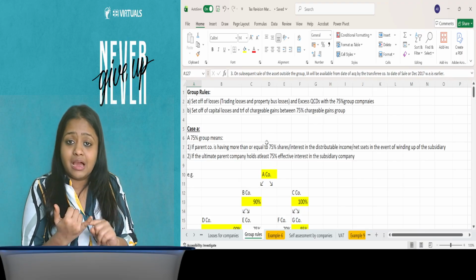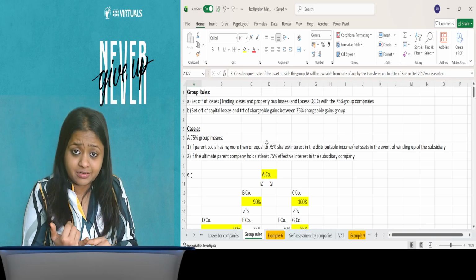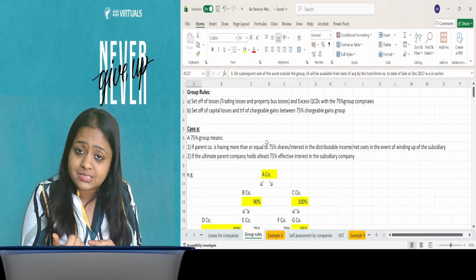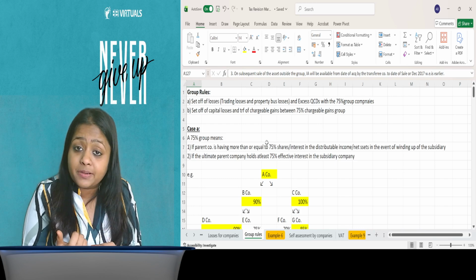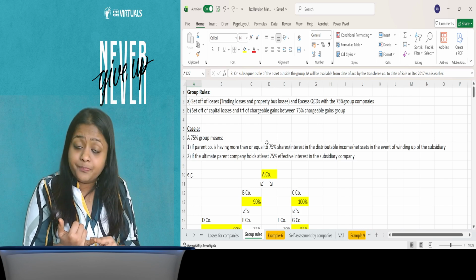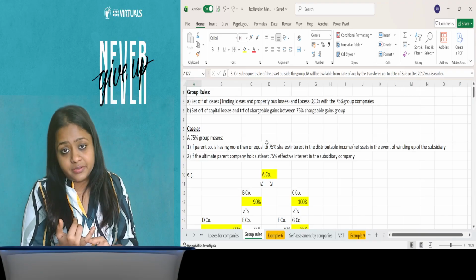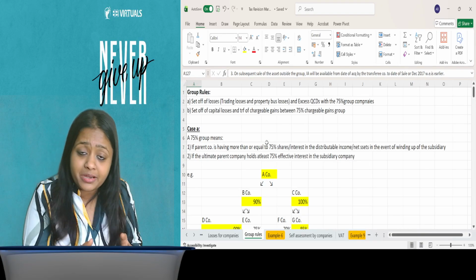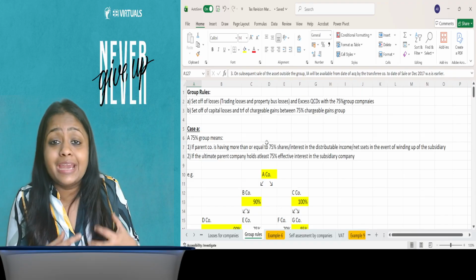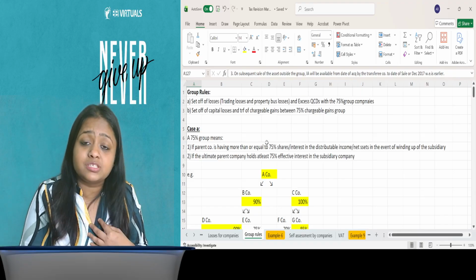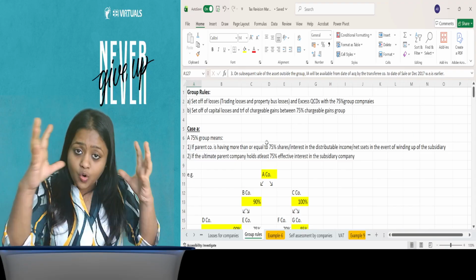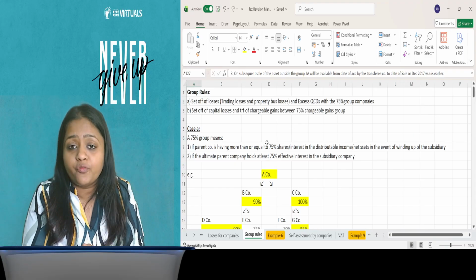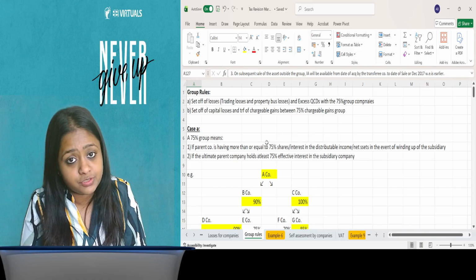So that the current year trading loss can be surrendered, brought forward trading loss can be surrendered, your property business loss can be surrendered, QCDs can be surrendered. Surrendering means that one company can share these losses and transfer these losses to another company, so that overall as a group the overall profits and the taxability gets reduced.